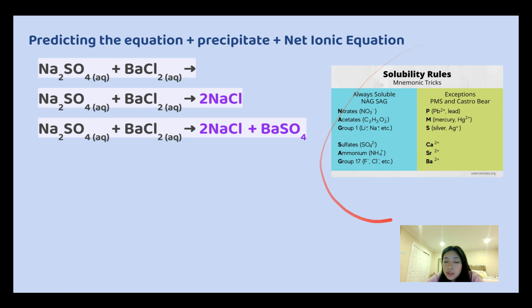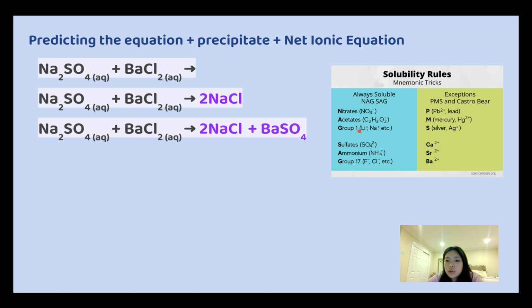Looking at your solubility rules, let's determine what the soluble substance is and your insoluble substance is. For NaCl, first of all, we know that NaCl is salt, and we know that salt dissolves in water, so we can already predict that this is going to be soluble. But let's look at the chart.